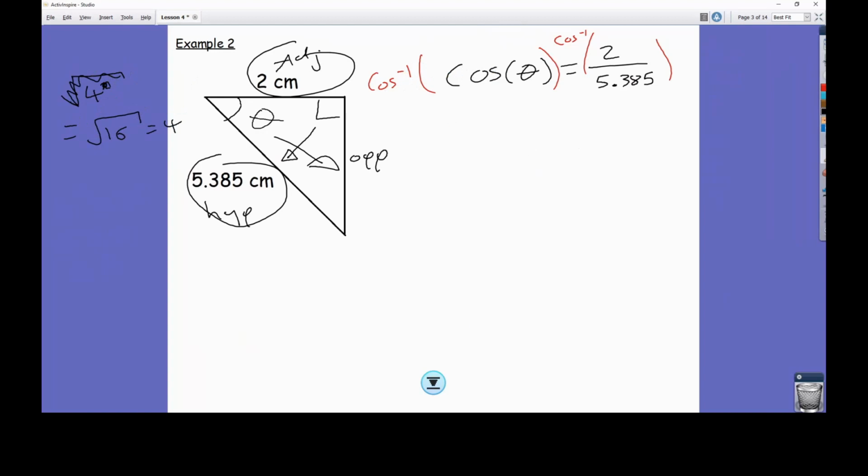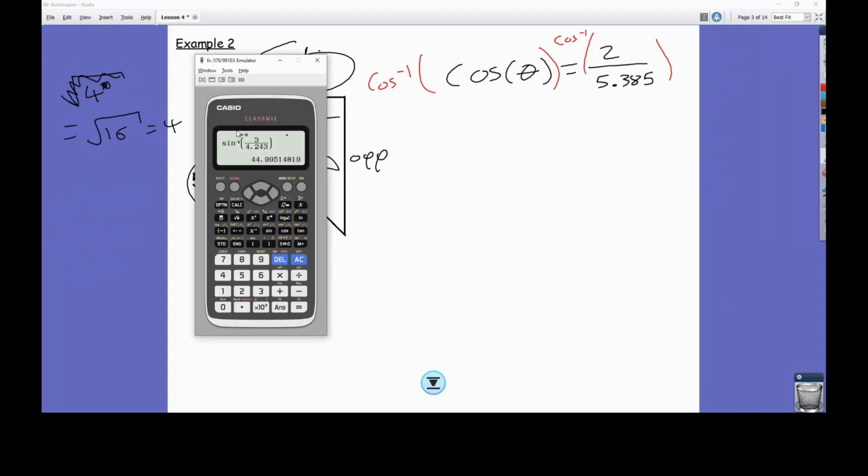So, calculator's out. We're going to do cosine minus 1, so that means shift cos, and you can either put it into your memory or you can just put it straight in. Cos minus 1 of 5.385. You don't need to close the bracket, but I always do, because mathematically you should have that bracket closed.